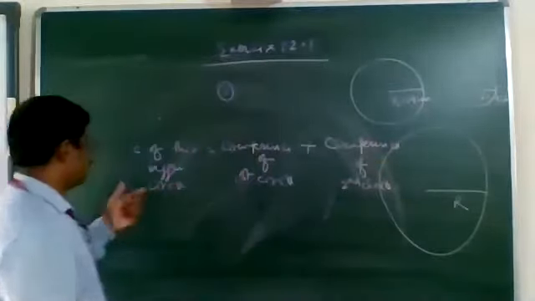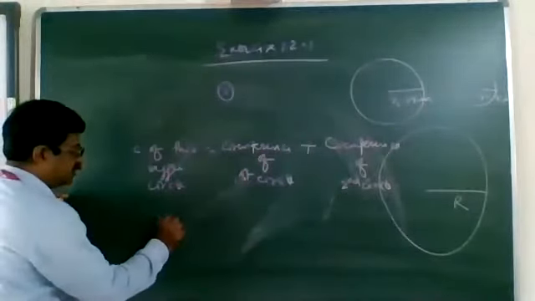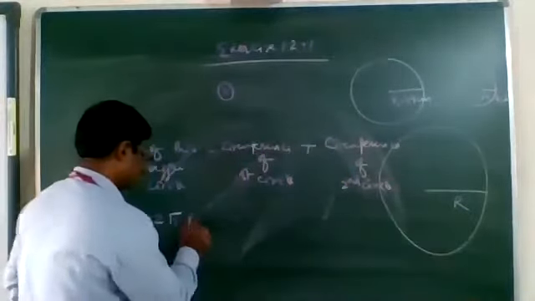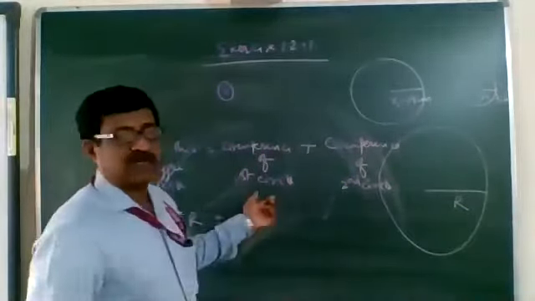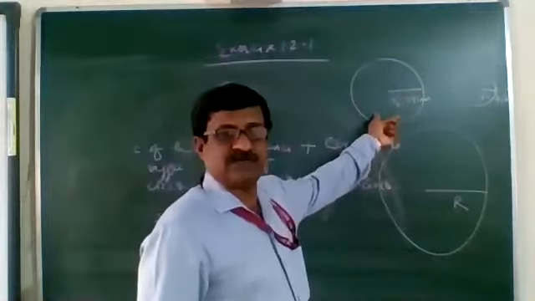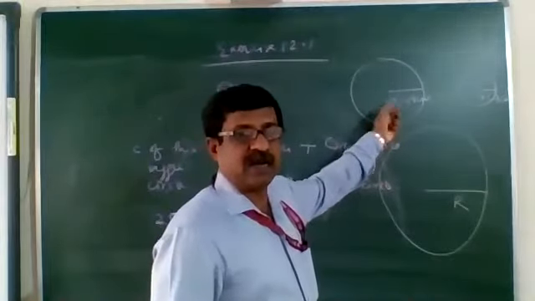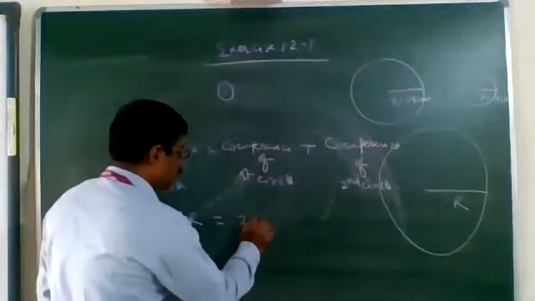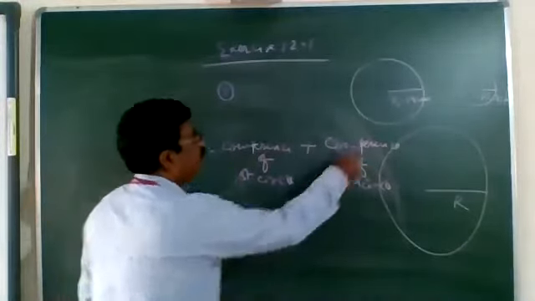The bigger circle whose radius has to be calculated, we have considered the radius of that bigger circle as capital R, equal to the circumference of the first circle, which is 2 pi r, and here r is 19 centimeter. I'm writing here 2 pi r1 so that you will not be confused.